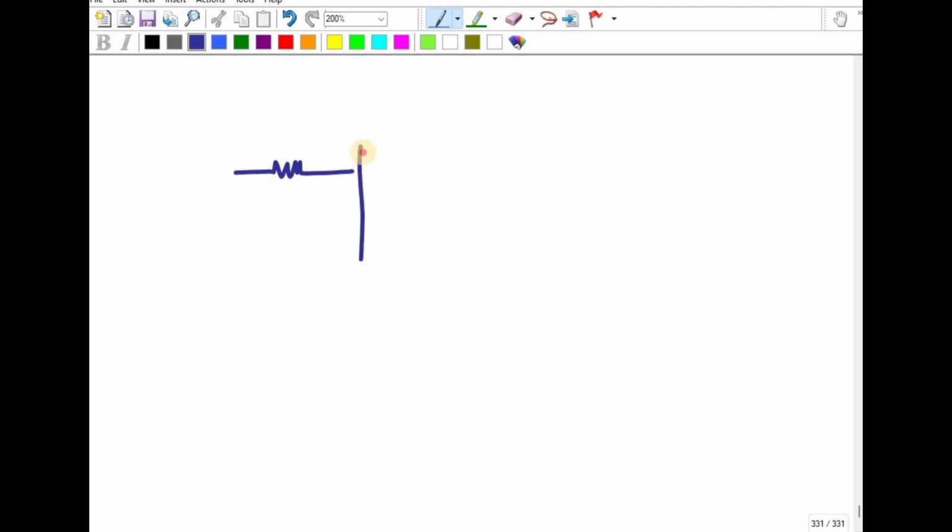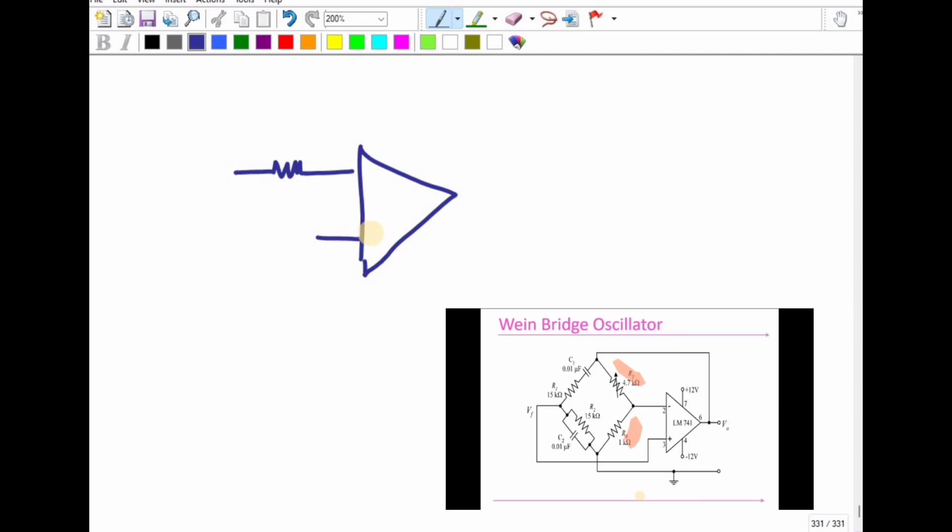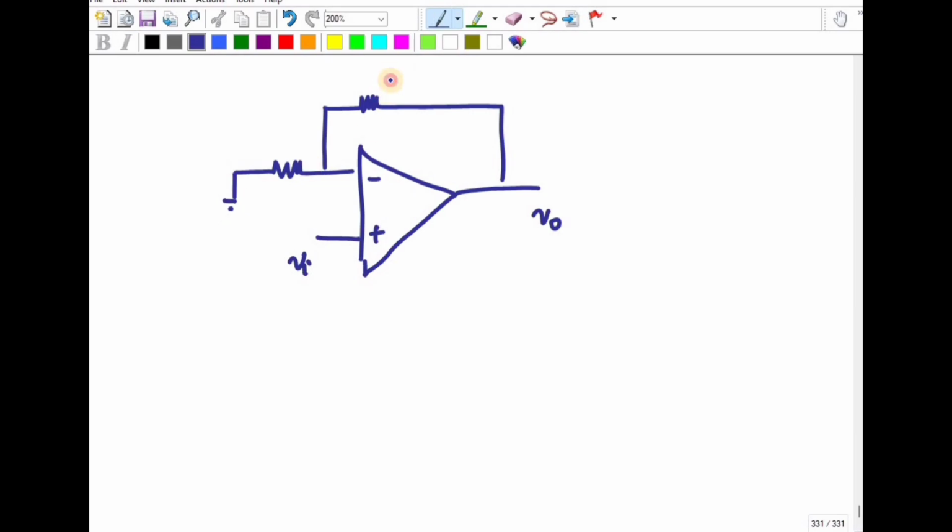So this is my circuit. If I have given this as my input, I can write that R3 and R4 means you will get V naught by VA.